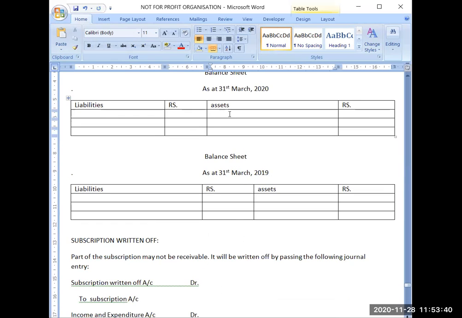So here I will be writing outstanding subscription, and in the current year two years' amounts are outstanding.